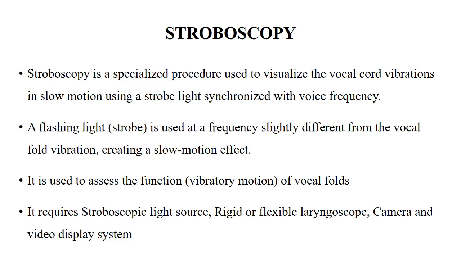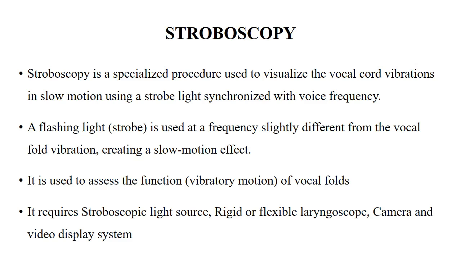The last but not the least is stroboscopy. Stroboscopy is a specialized procedure which is used to visualize the vocal cord vibrations in slow motion using a specialized strobe light. So the light source is a strobe light source, which is different from the one I have already mentioned, and it is synchronized with the voice frequency.